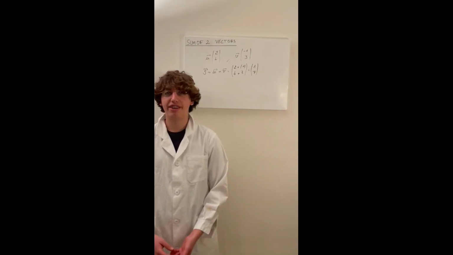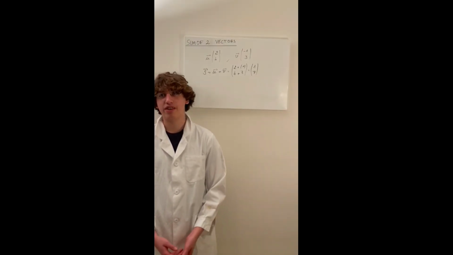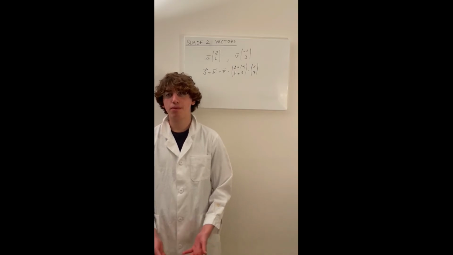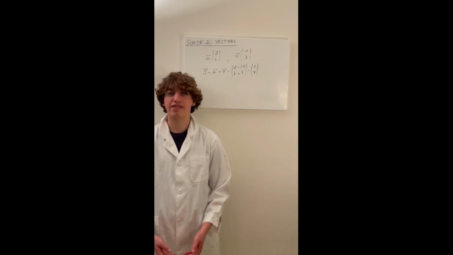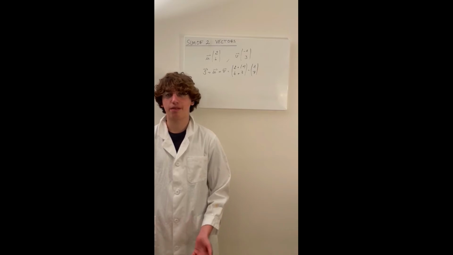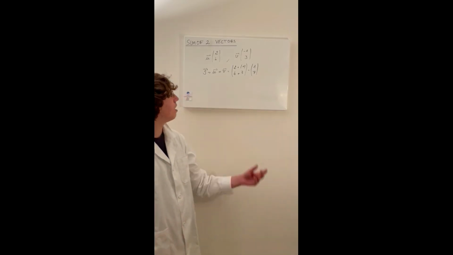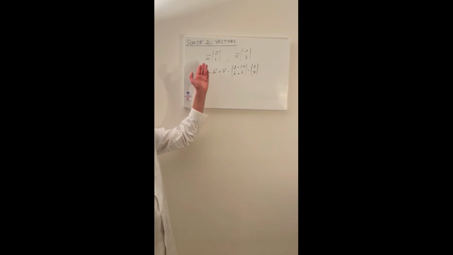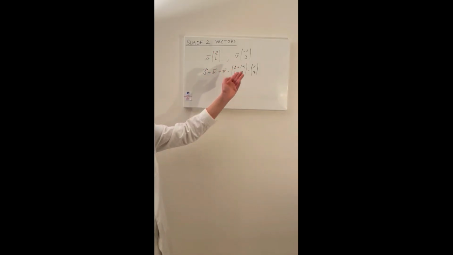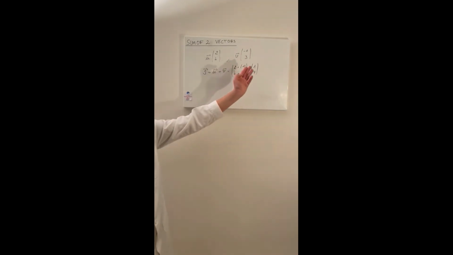When we are given the coordinates of both vectors, we can simply add them one by one in order to obtain the coordinates of the vector representing their sum. Here we have an example of two vectors, u, whose coordinates are 2 and 4, and v, whose coordinates are -1 and 3.